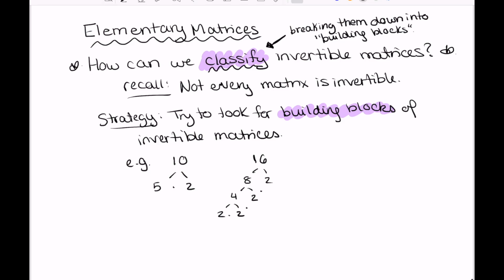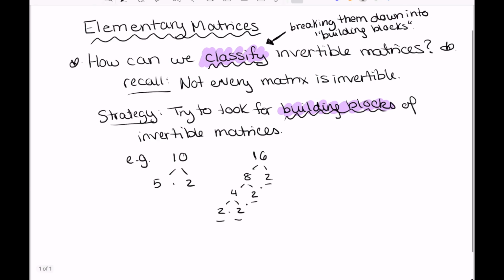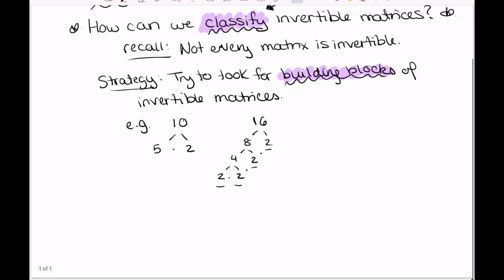So we're going to try to do the same thing for invertible matrices: find other matrices analogous to prime numbers that act as the building blocks for invertible matrices. And so our building blocks, as you might guess from the heading of this class, are elementary matrices.